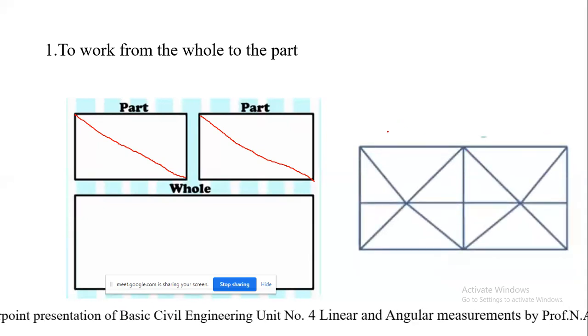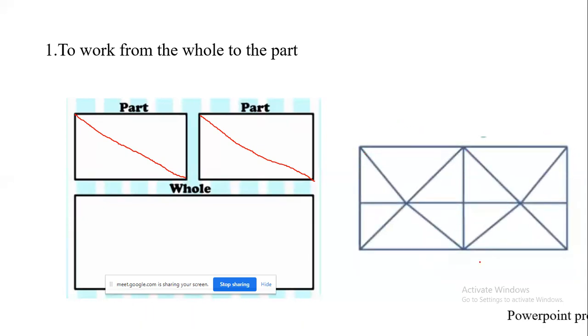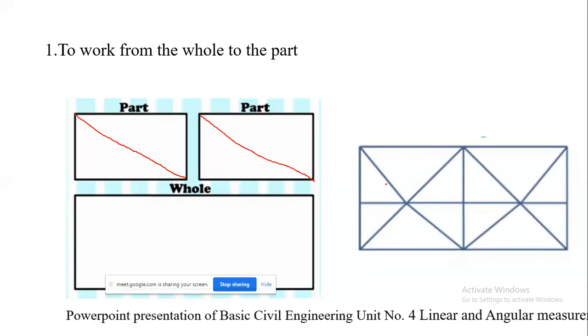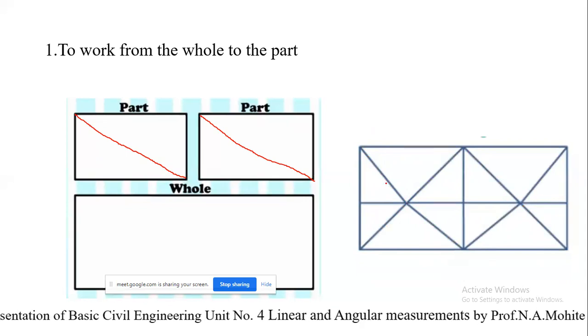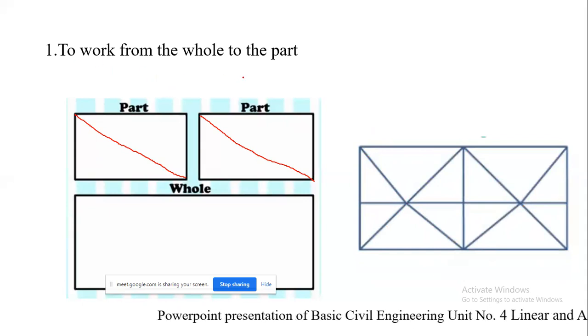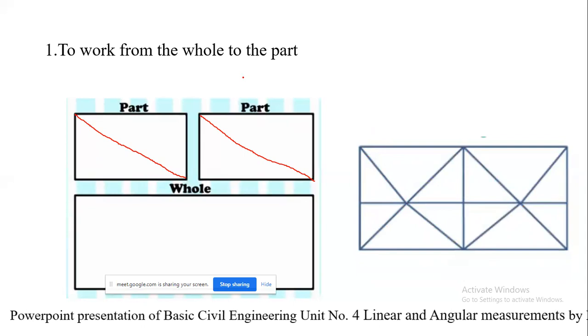So divide the entire work, the whole, into smaller parts of well shaped triangles, so that whatever error accumulates can be eliminated at that place only. That is to work from whole to the part, the first principle of surveying.